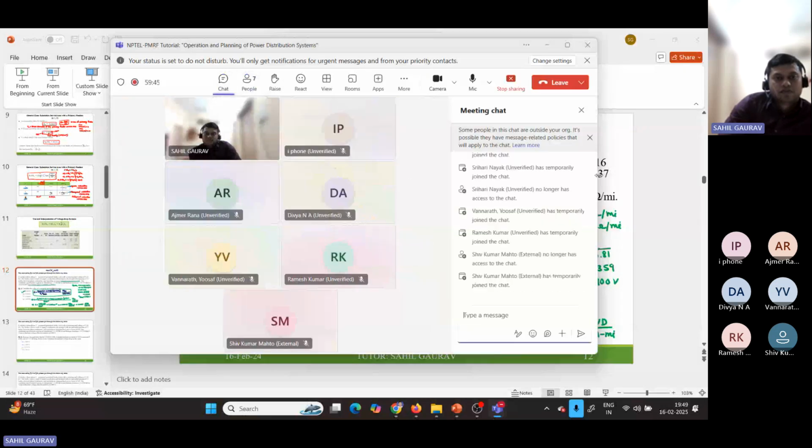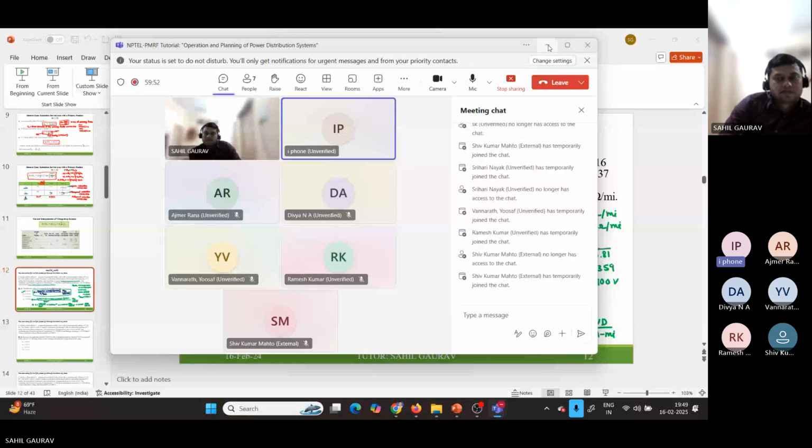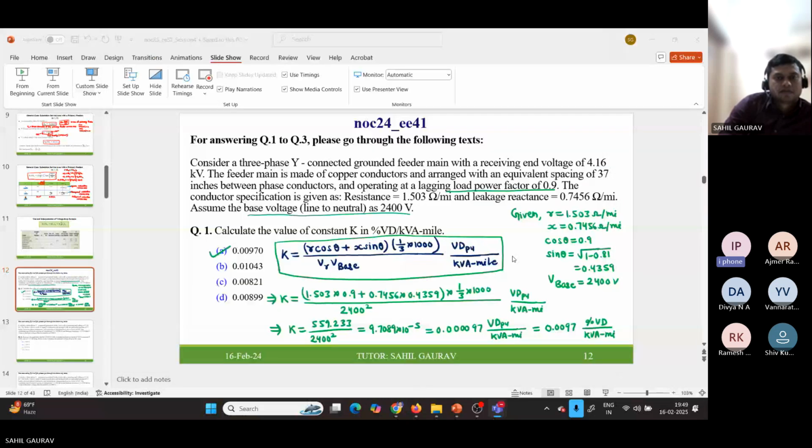Sir, I have one doubt. Actually, now we are calculating the constant K. As per this formula, this constant has no dependency on current. Yes, it is not depending on the current.